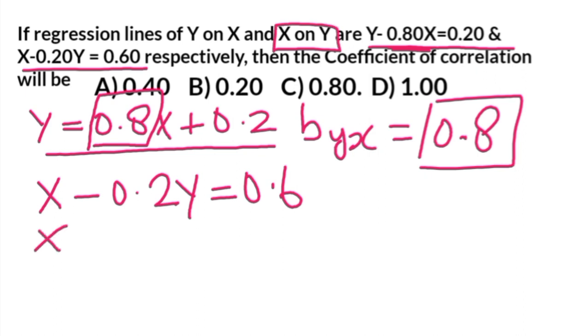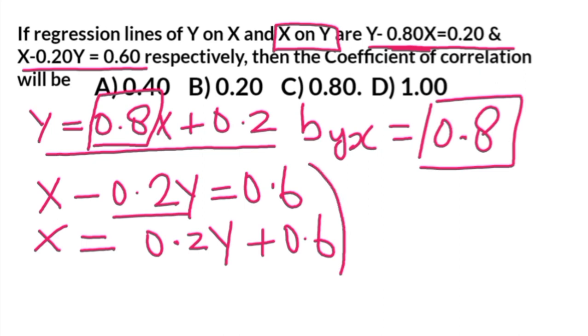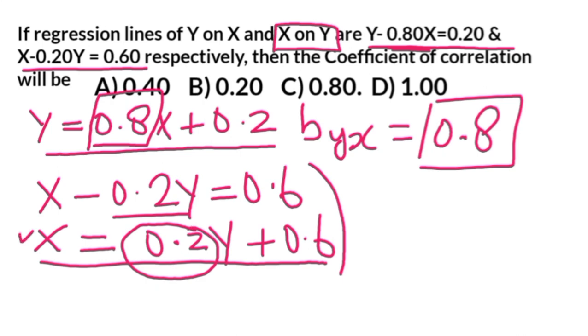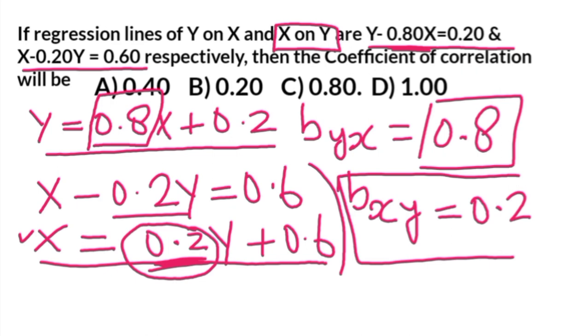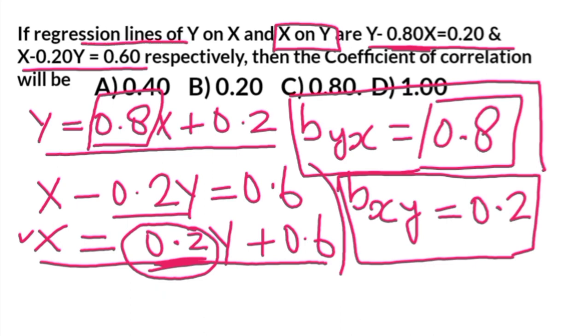So this will become x = 0.2y + 0.6, transposing to the RHS. Now the slope of this equation is simply 0.2, so I can write bxy = 0.2. So we got these two values, the slopes of the regression lines.